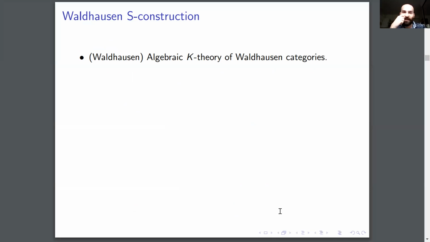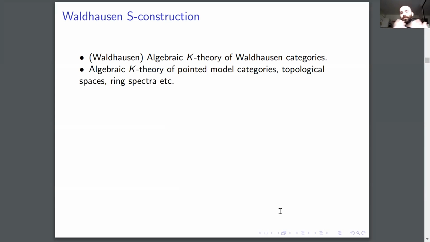So I was saying that I told you about the definition of algebraic K-theory of a ring, and even coming up with the definition was somehow a big deal. To define algebraic K-theory in a more general case, what is often used is the Waldhausen S construction, which allows you to define algebraic K-theory of what's called Waldhausen categories. Waldhausen categories are categories with a notion of cofibrations and weak equivalences.